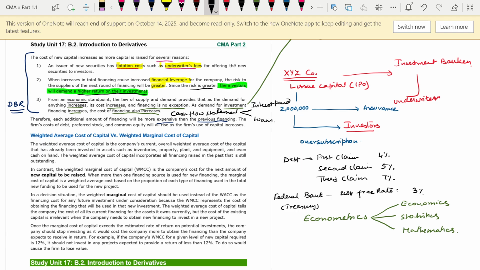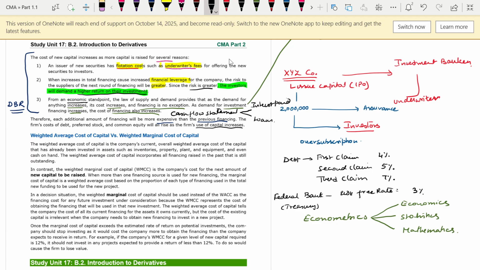Therefore, the firm's cost of debt, preferred stock, and common stock will all rise as the capital increases. What is the difference between the weighted average cost of capital and the weighted marginal cost of capital?